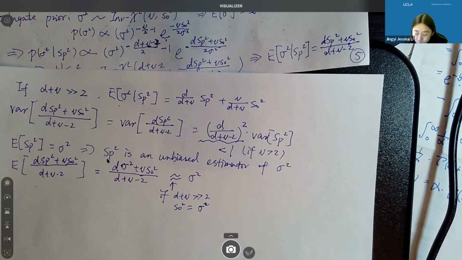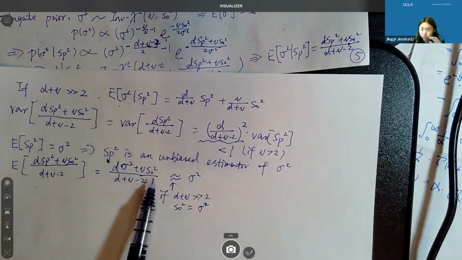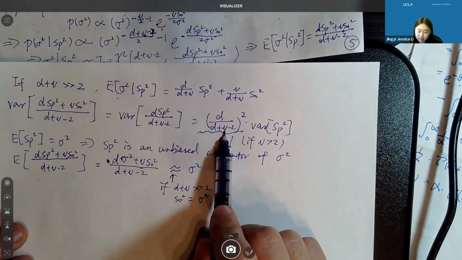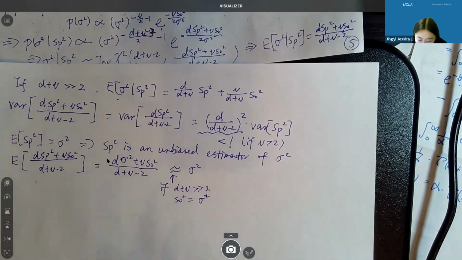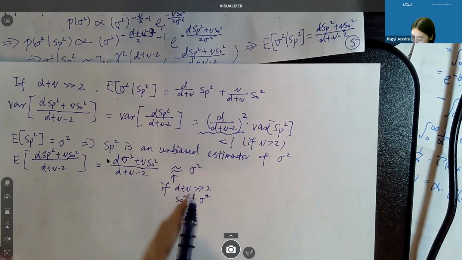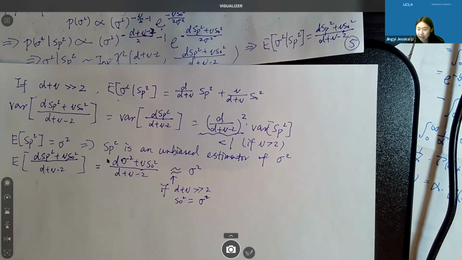Okay, so one last thing I want to say is about the choice of v and s0 squared, right? So v is actually maybe easier, as I said. You have a tendency to set it big. How about s0 squared? We want it to be close to sigma squared, but sigma squared itself is unknown.